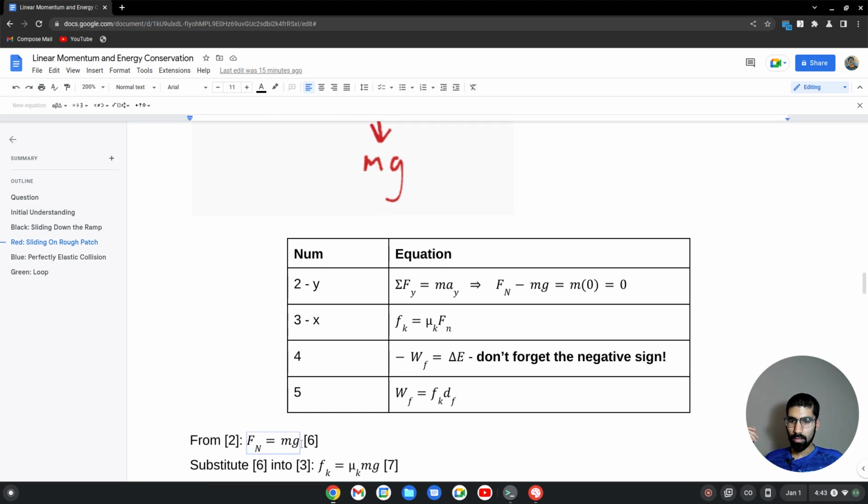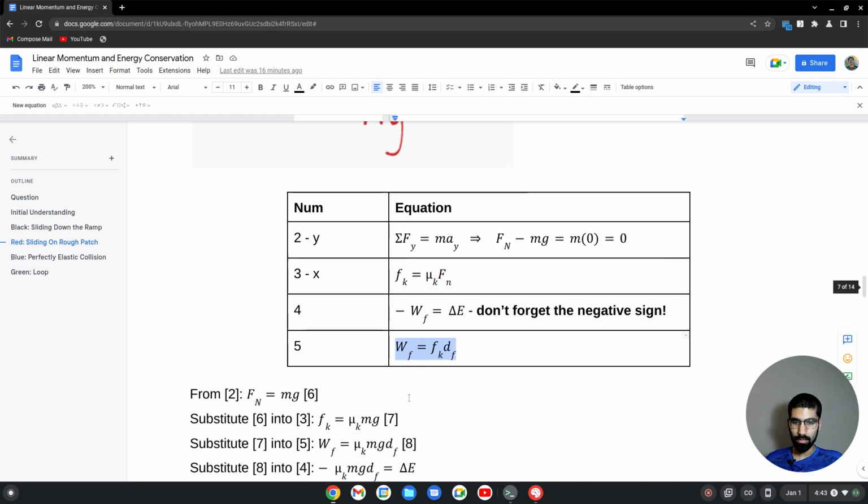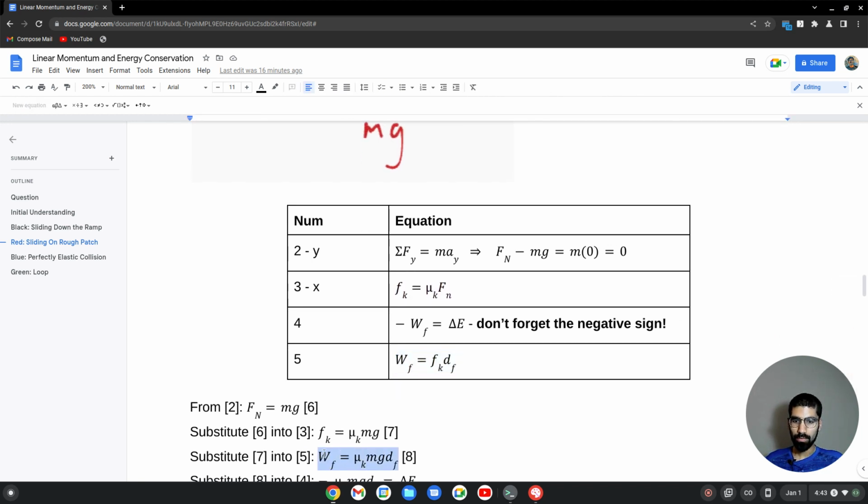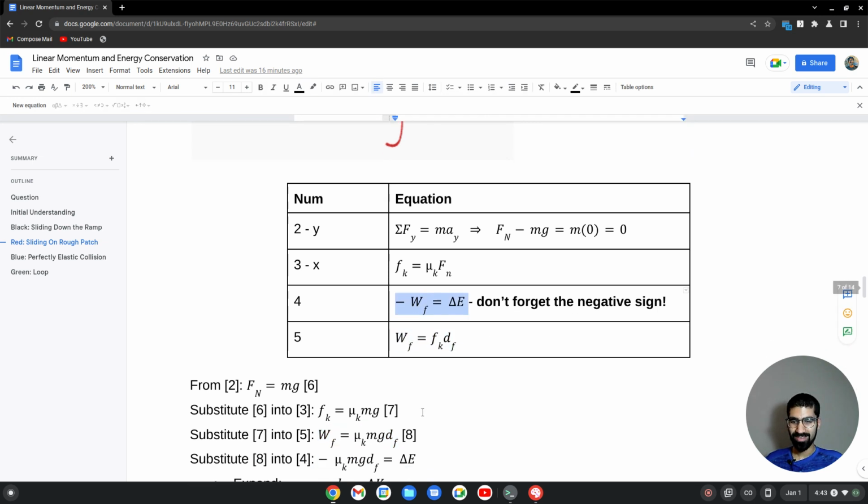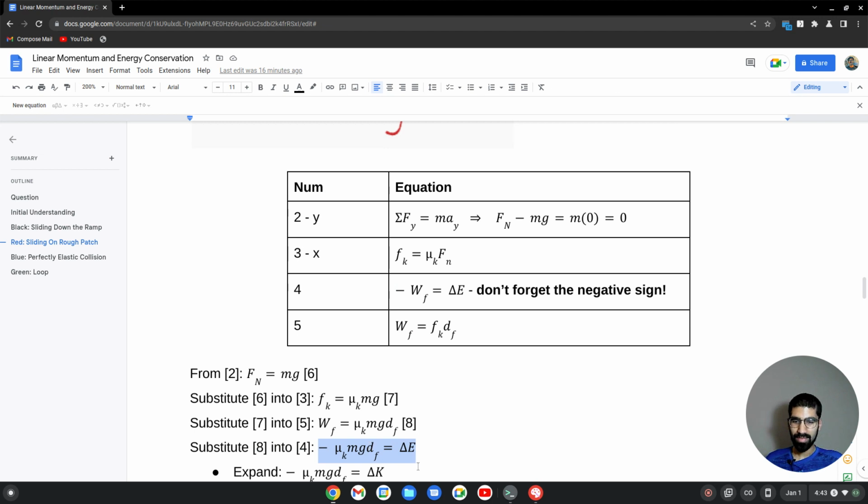So from this wonky mess here, I just simplified stuff and I figured out that the normal force was proportional to the gravitational force. I substituted that in here, and then I took this and I put it in here.